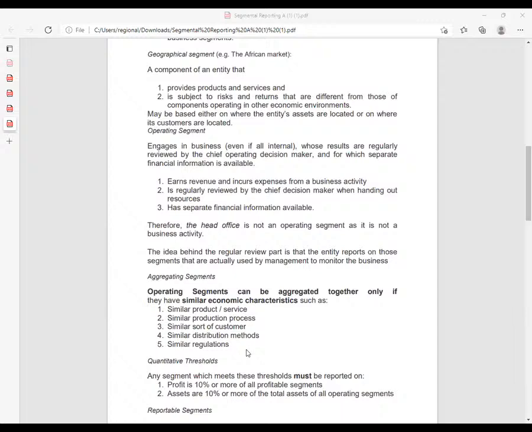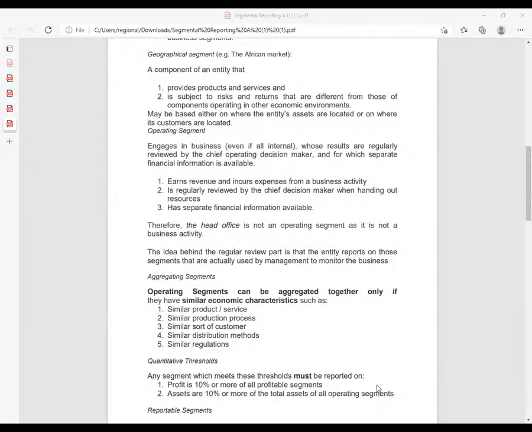We would rather in this case lump up those departments and even call them by the name of those customers. We have similar distribution methods. We have similar what here? Regulations, similar regulations. Now listen to me very well.